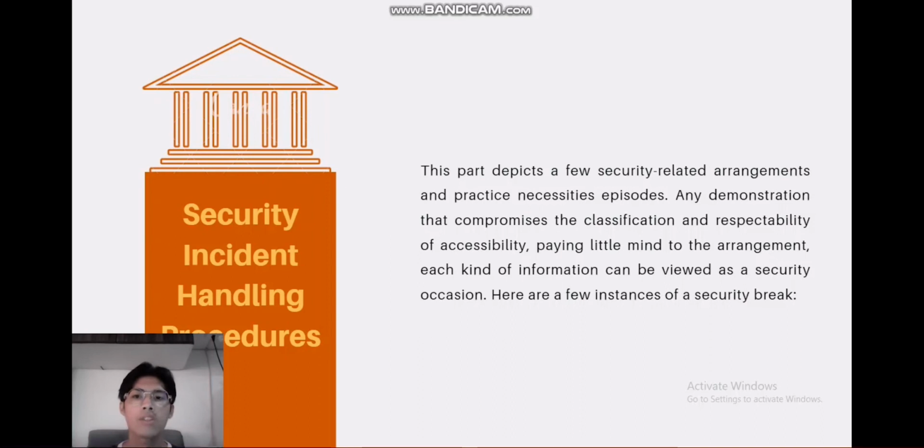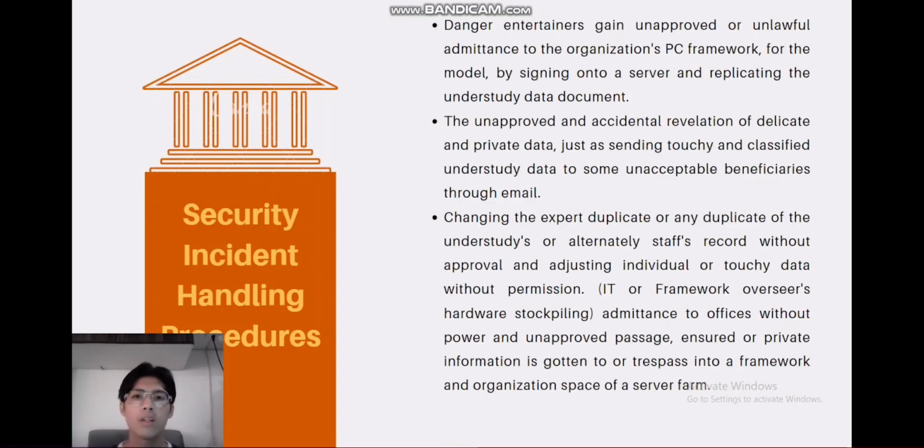Here are a few instances of a security breach. Threat actors gain approved, unapproved, or unlawful access to the organization's computer system. The unapproved and accidental disclosure of sensitive and private data. Changing the master copy or any copy of the students' or the staff's records without approval, and altering personal or sensitive data without permission.